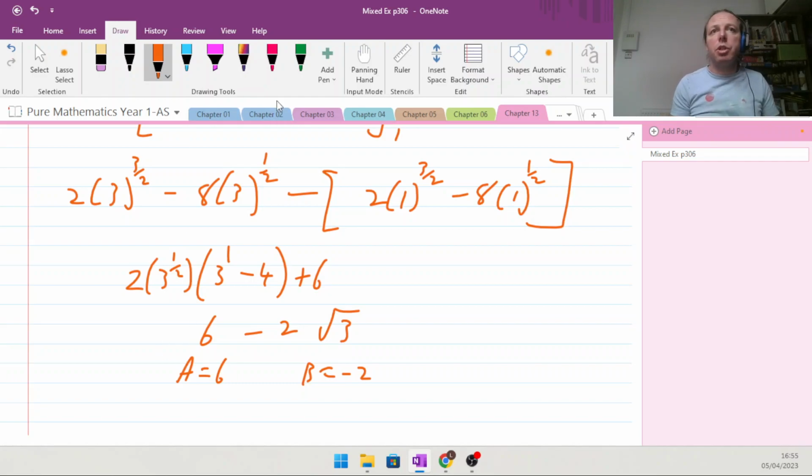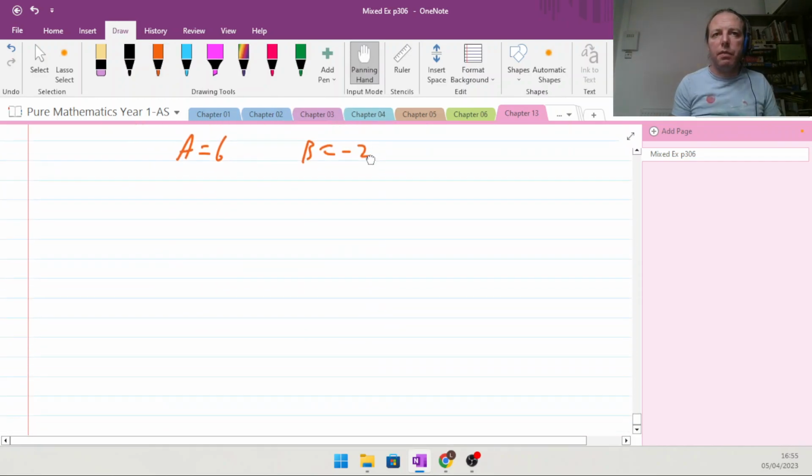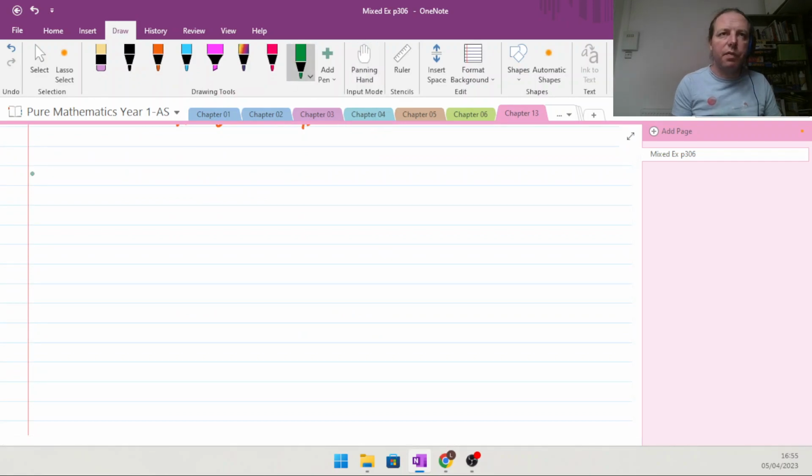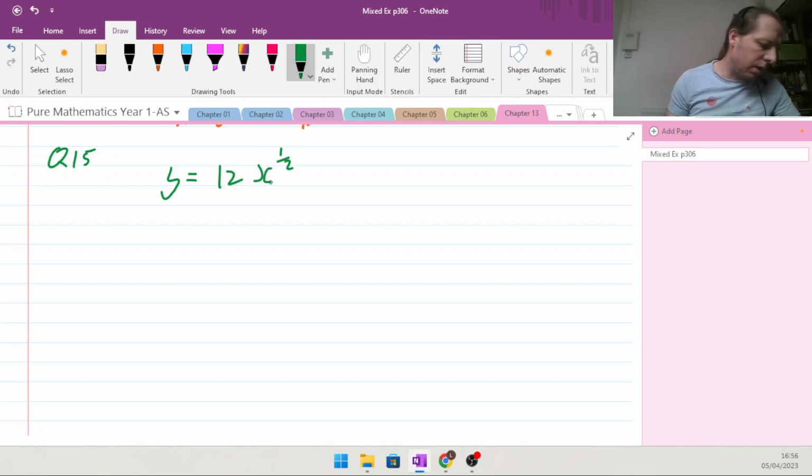All right, question 15 then, finish off this video. Question 15. The diagram shows a sketch of a curve which has y equals 12x to the half minus x to the 3 over 2, and we work between 0 and 12.